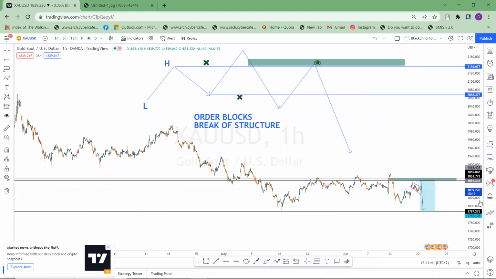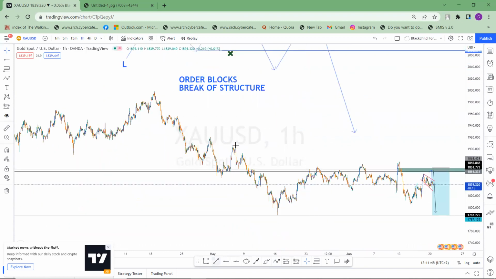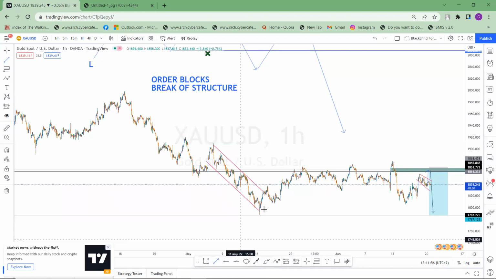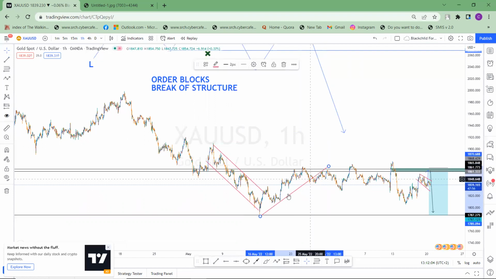So in this case, guys, you can see that we were pushing to the downside, and all of a sudden price changed and started pushing to the upside. So you can see, right?